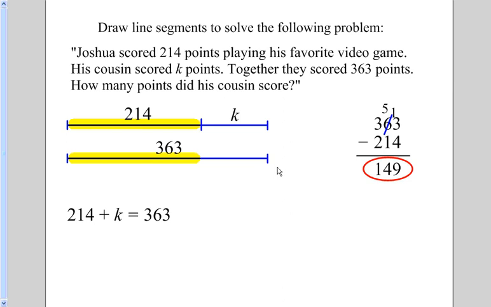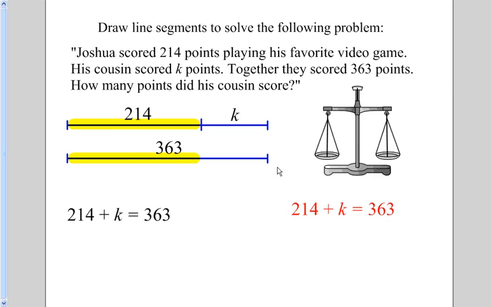Now let's see this in another way. In algebra, one of the tools that we use is balancing equations to be able to solve a problem. So let's take the same problem over here. 214 plus K equals 363, and think about it as a balance beam.